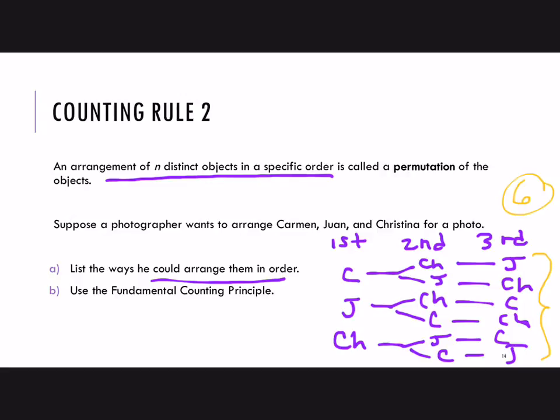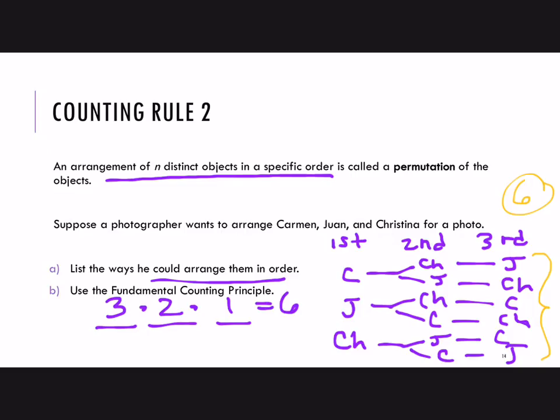Okay, 6 ways to arrange those 3 people. Now let's try the same problem using the fundamental counting principle. Alright, we're choosing our 3 people. Well, we have 3 options for who could stand in the first spot. Then that leaves us with only 2 people to come next and 1 for the last spot. So multiplying, we get the same answer, still 6.